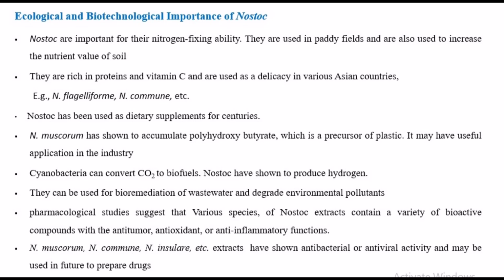It is also used as a dietary supplement since ages. Some species of Nostoc are known to accumulate polyhydroxybutyrate, which is a precursor of plastic, and thus may find its application in the industry.